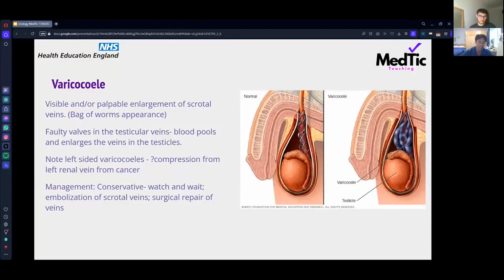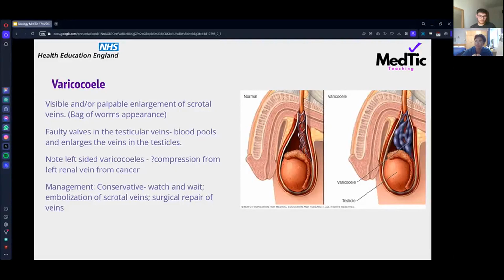However, I don't want to just say bag of worms, because people tend to learn the association and not the actual examination findings. The pathophysiology is relatively similar to varicose veins, where there's an insufficiency of the valves within the testicular veins, and so blood flows backwards down into the veins supplying the testicles.